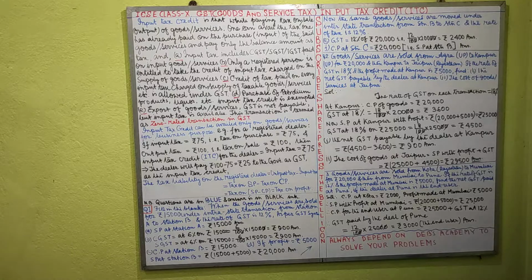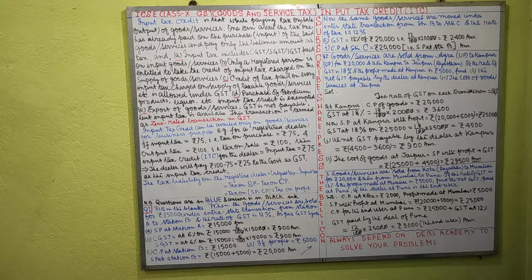Now solution. The rate of GST on each transaction is 18%, it is given. At Kanpur, CP of goods equal to rupees 20,000 and GST at 18% equal to rupees 3,600. Now SP at Kanpur with profit equal to 20,000 plus 5,000, that is 25,000 rupees, and GST at 18% on 25,000 equal to rupees 4,500.